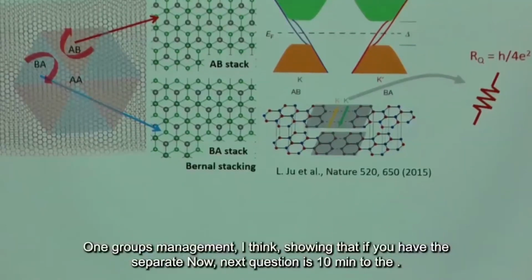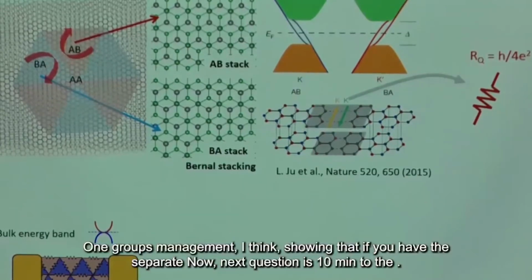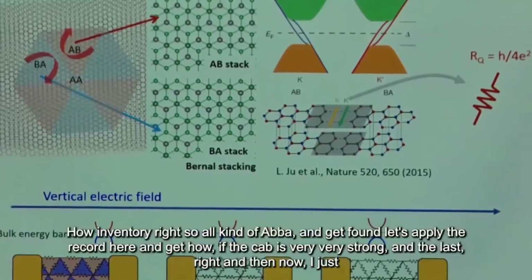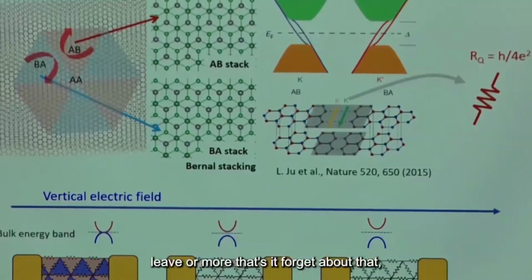Now, next question is, can we take that into the really 2D regime? I will argue the following simple case. If I have the bulk AB-BA domain boundaries in that way, it's all AB-BA and the boundary modes are all conducting. Then basically it's twisted bilayer conduction. Now let's apply the electric field and gap out the bulk, if the gap is very, very large. Then I just leave the domain boundary.